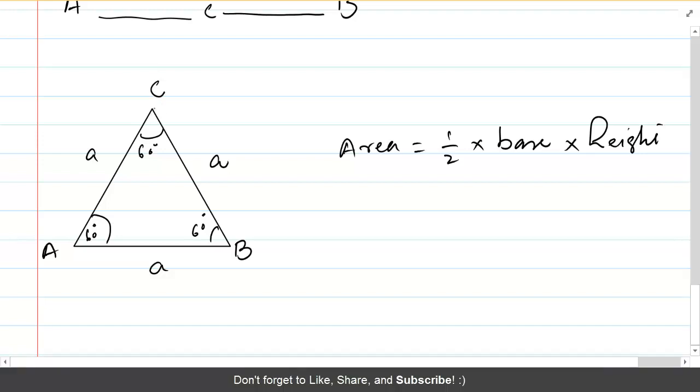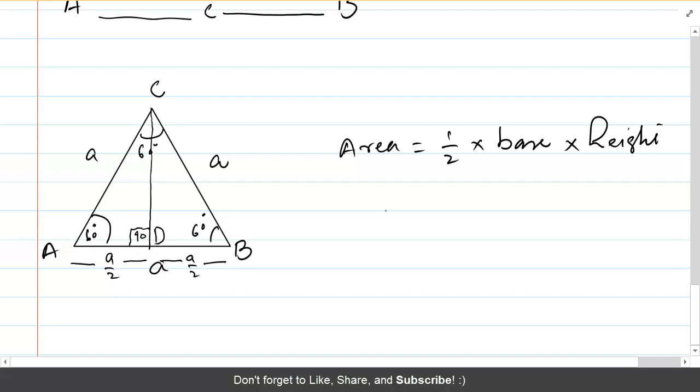If we were to draw a perpendicular from C onto the side AB, and this angle is 90 degrees, and name this point as point D, then D divides side AB in half. Meaning that A/2 will be on this side and A/2 will be on this side.